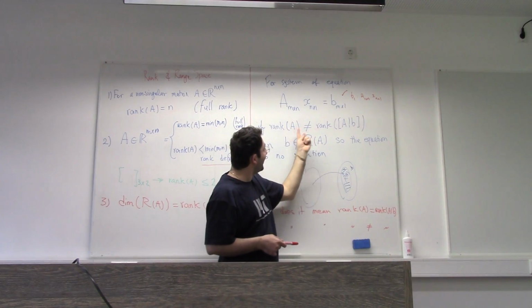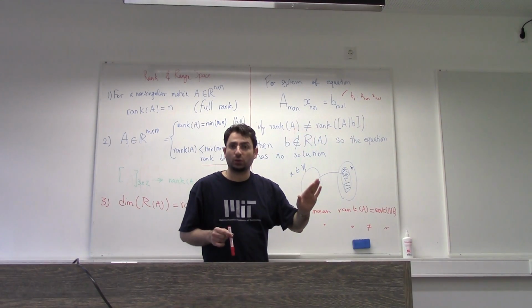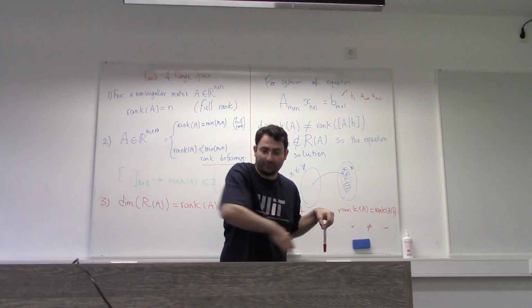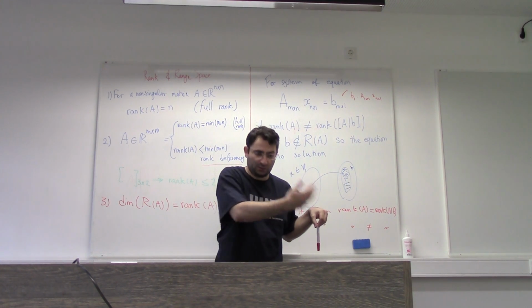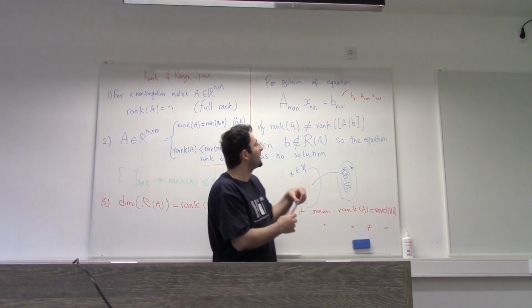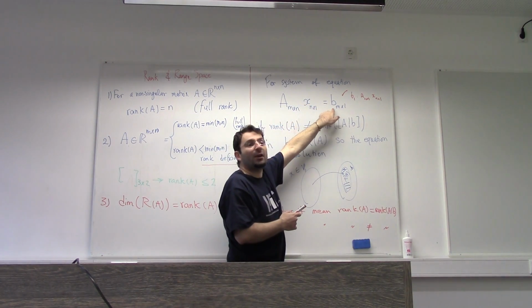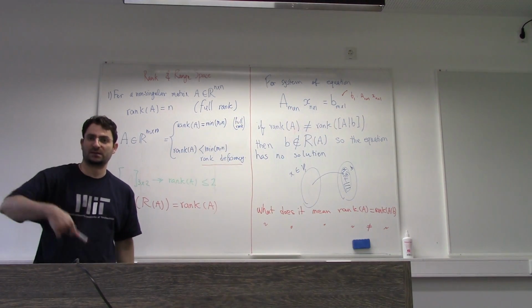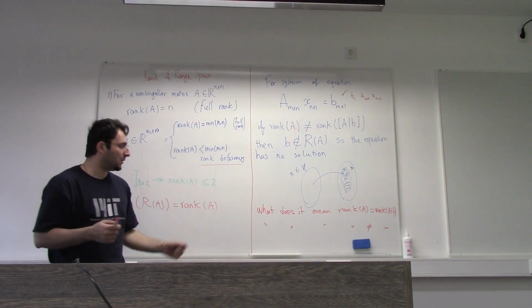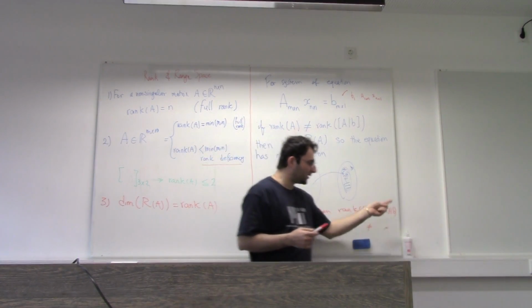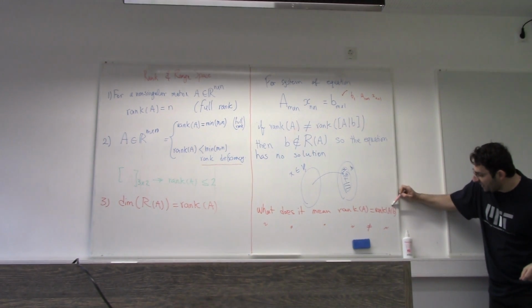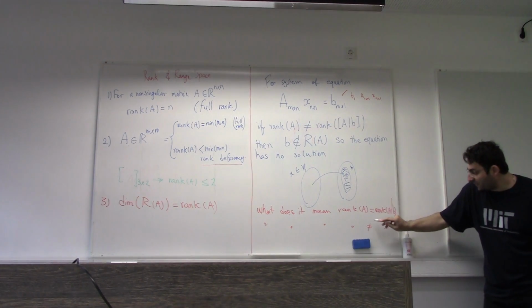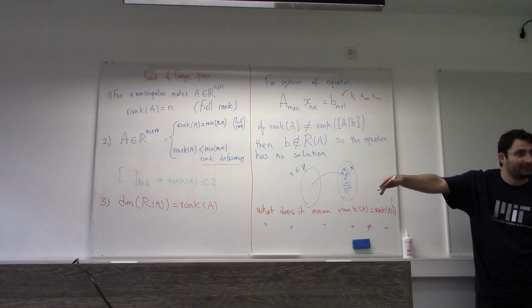Whereas if rank A and rank [A b] are not equal to each other, it means that adding b is linearly independent from what we have in A, because we are introducing a new rank, a new value, which means that this cannot be true, because if it wants to be true, b must be a linear combination of the columns of A. So what does it mean that rank A is equal to rank [A b]? It means that b is a linear combination of the columns of A. When they are not equal, it means that b is independent from A.